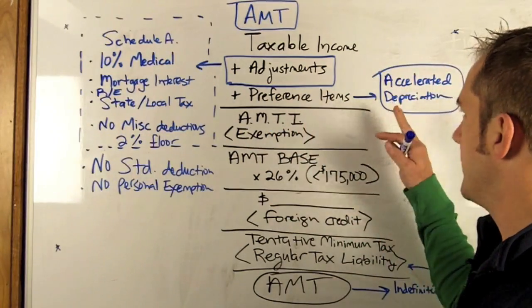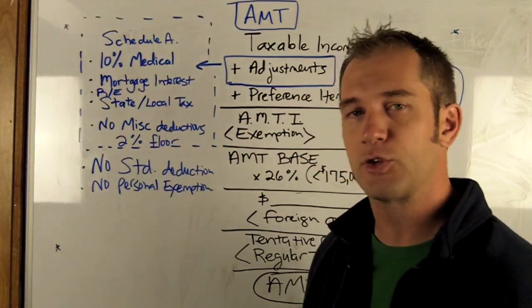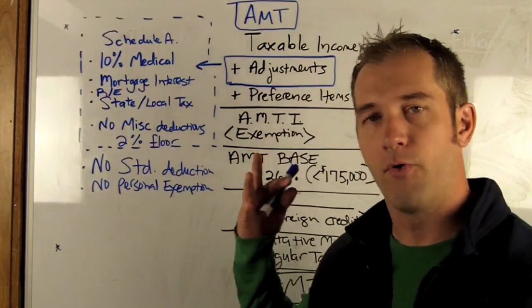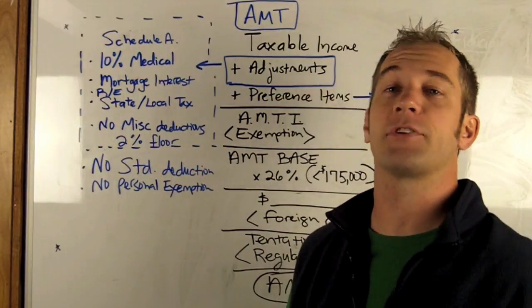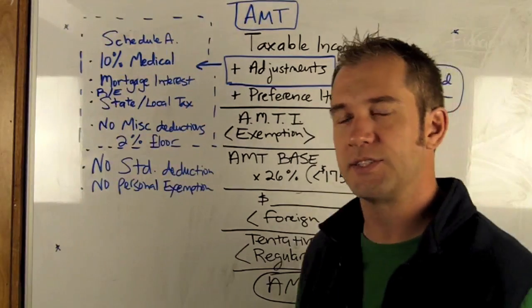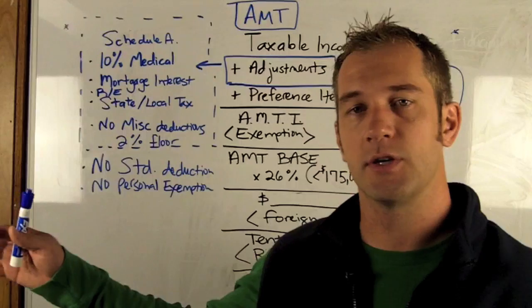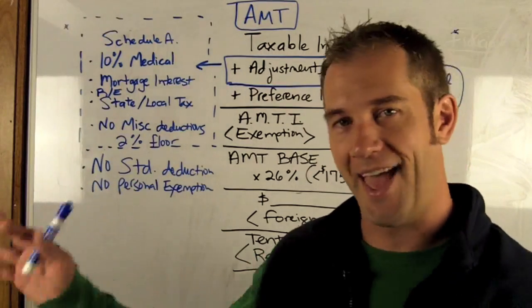Now, there are a few preference items, but for purposes of the CPA exam, I would make sure that I would know that for real estate purchased after 1987, if you took accelerated depreciation on that, whatever the difference is between the accelerated depreciation that you took and straight line, you have to add that back too.